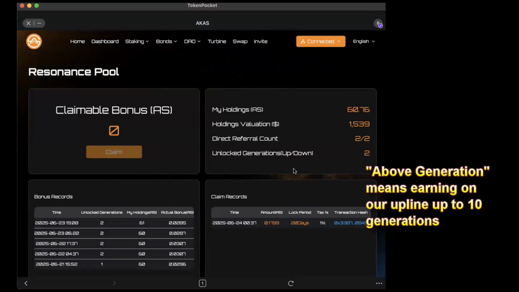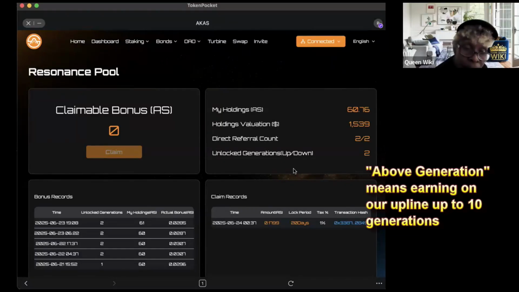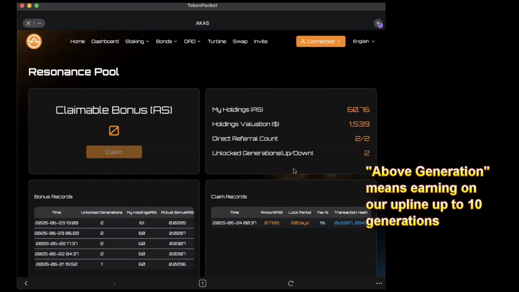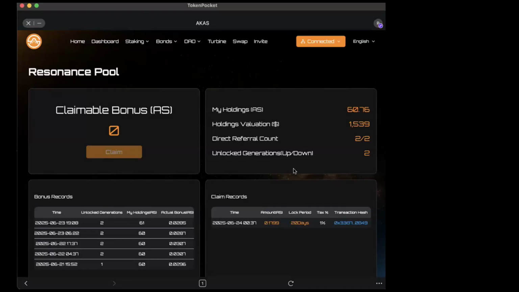For example, I'm using 1,000 to buy the Genesis node, but my direct upline purchased 10,000 of the Genesis node. For my resonance pool, from the first generation above I can only get $1,000 multiplied by the rebase reward, plus an extra 10%. So this is the burning. I couldn't get the 10% of the 10,000 rebase reward.